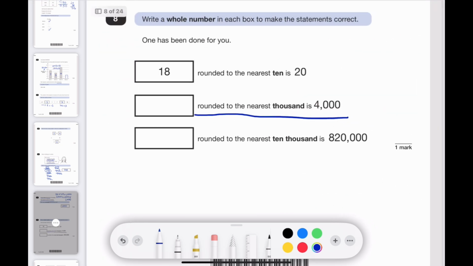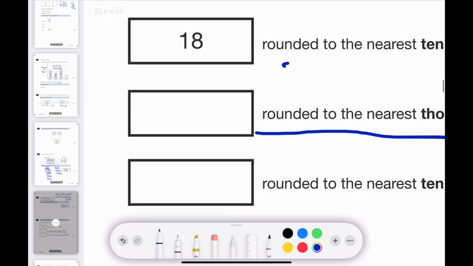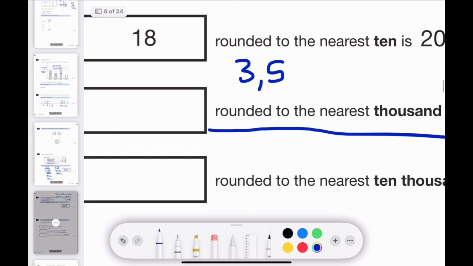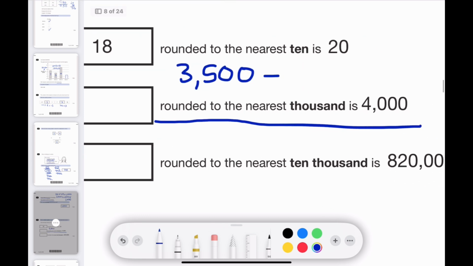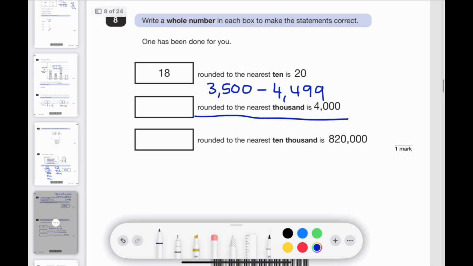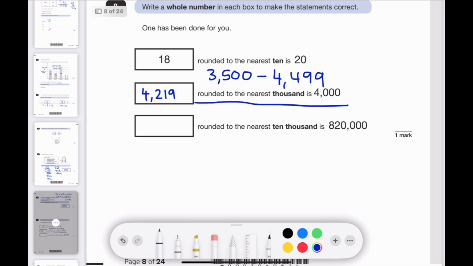So a number here rounded to the nearest 1,000 has to be 4,000. So it can be anything in the 3,500 range to the 4,499 range. So let's do, for example, 4,219.